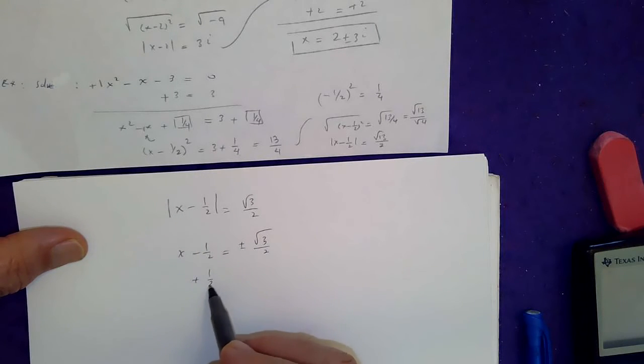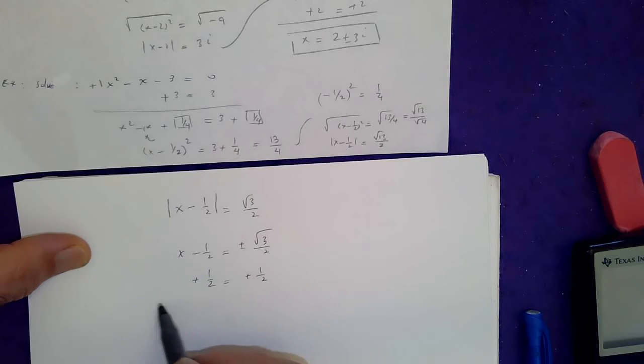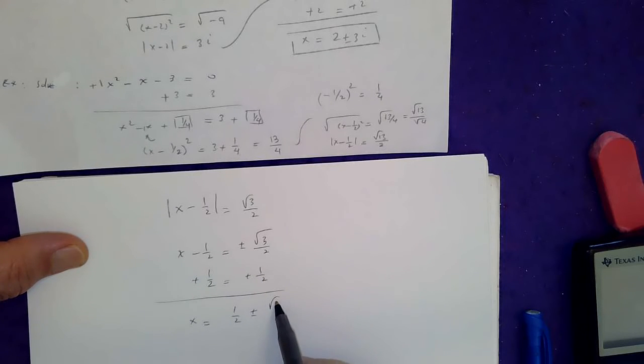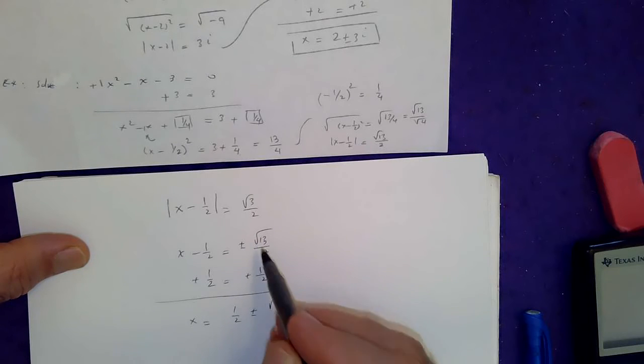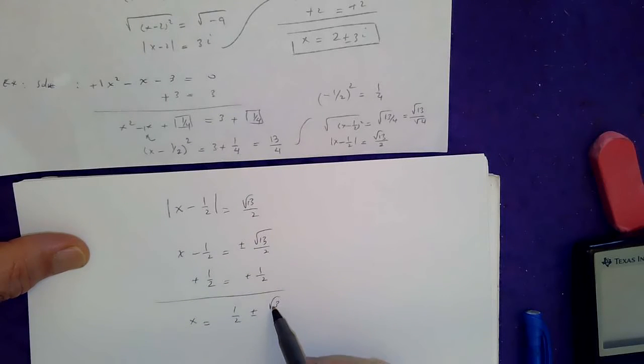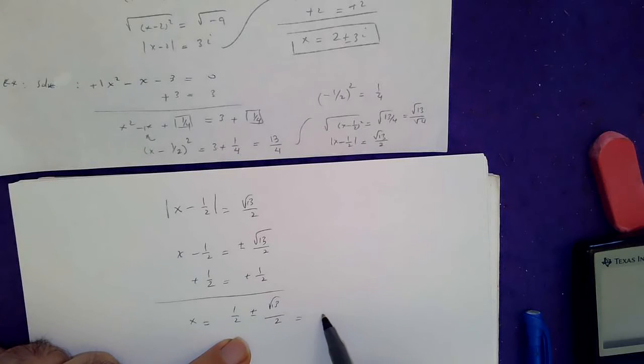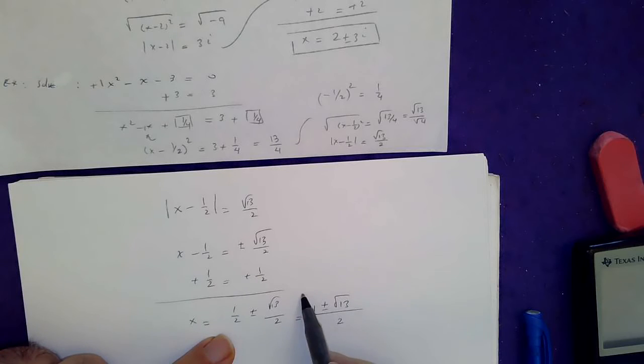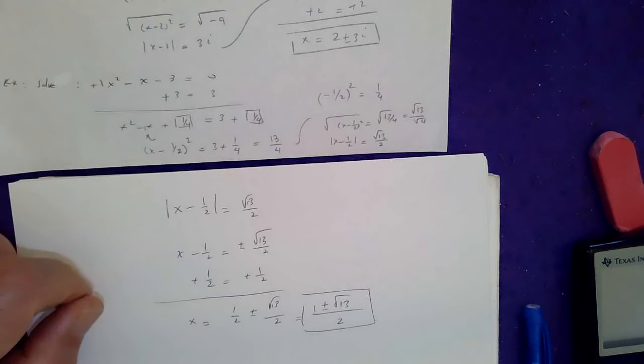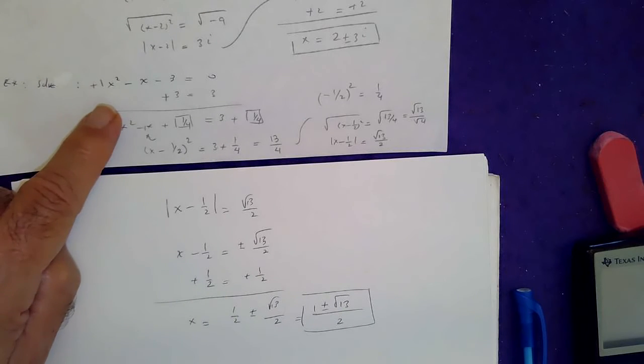Now add 1/2 so you can isolate x. So x is equal to 1/2 plus or minus square root of 13 over 2. Because they have the same denominator, sometimes people write the answer as 1 plus or minus square root of 13 over 2. And that would give you the answer for this particular problem.